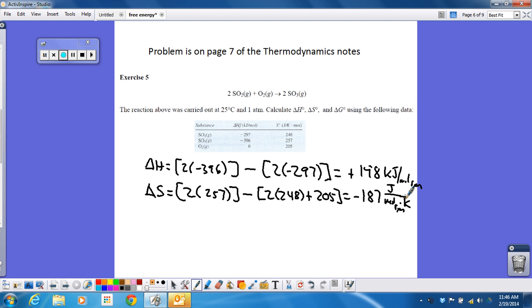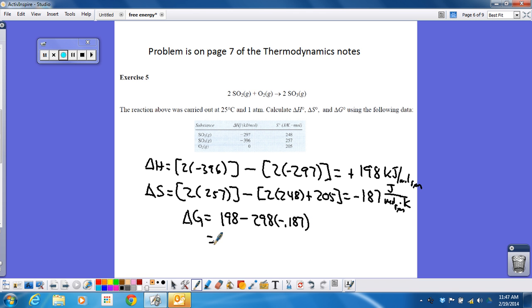Now to calculate delta G, we use delta G equals delta H minus T delta S. The problem is that delta H is in kilojoules and delta S is in joules, so you have to convert both of them to the same unit. Typically we convert everything to kilojoules. So delta G is equal to delta H, which is 198, minus T delta S. Since I have the little degree sign there, it's 25 degrees Celsius, which is 298 Kelvin, times the S value, which is negative 0.187 kilojoules.